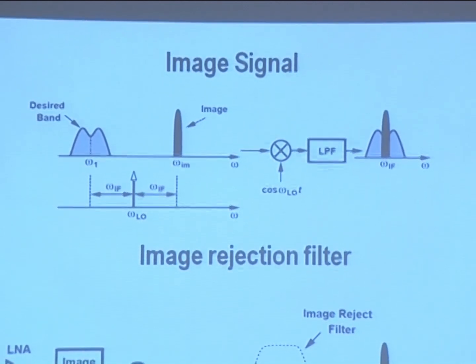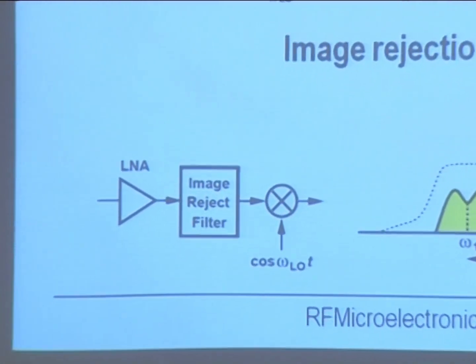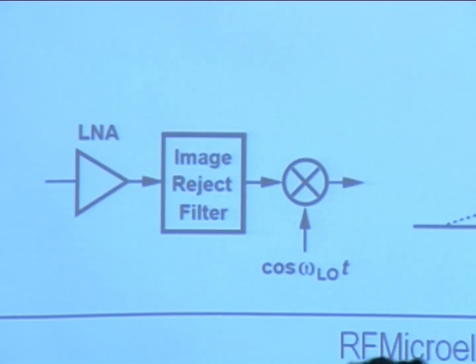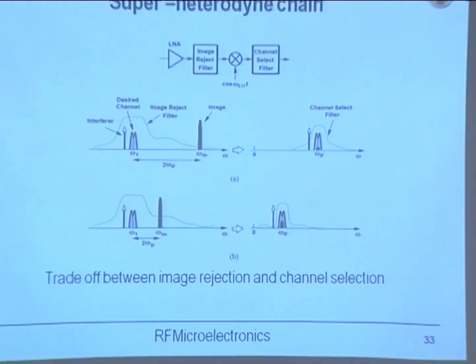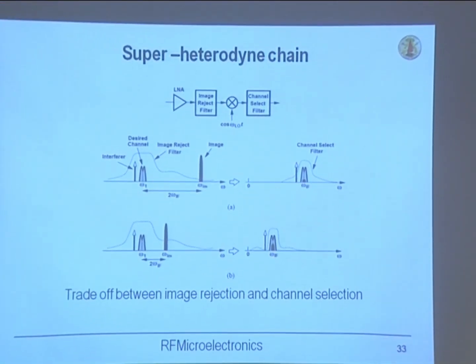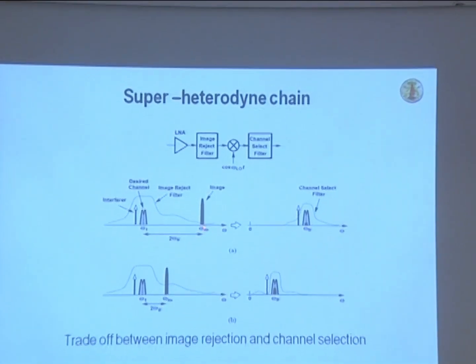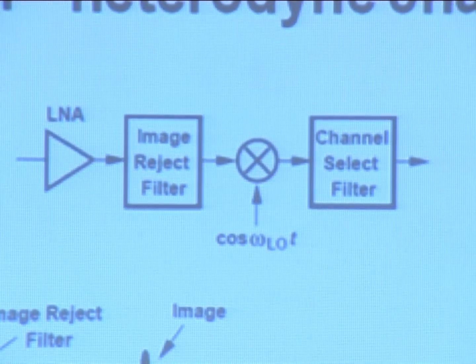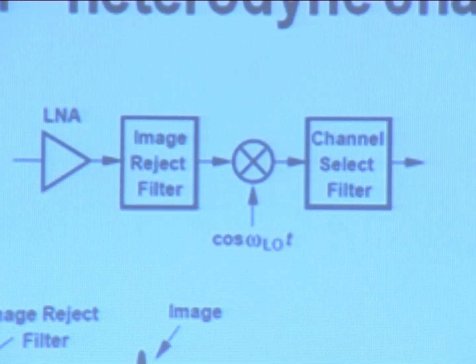But now the point is, if I were to choose an intermediate frequency, I should think about an intermediate frequency which is high in frequency, so that the distance between image and signal is larger, and I can reject the image in a good way.